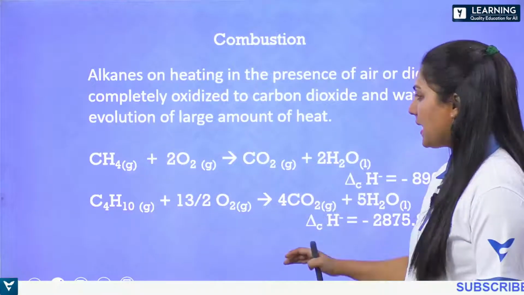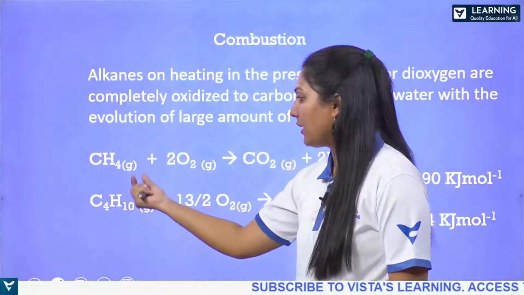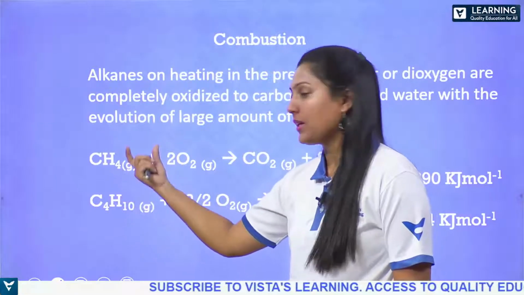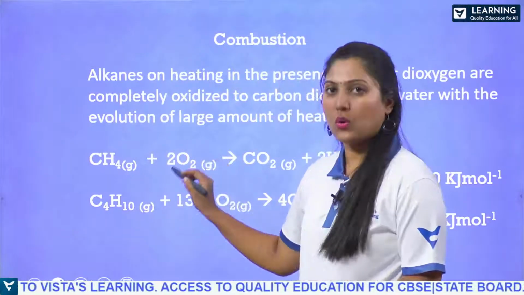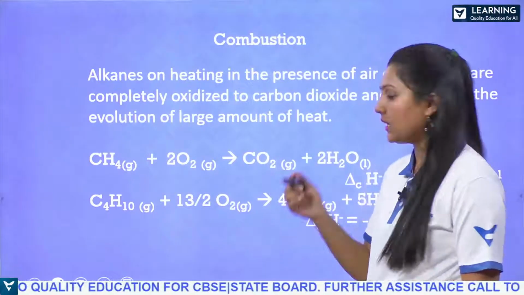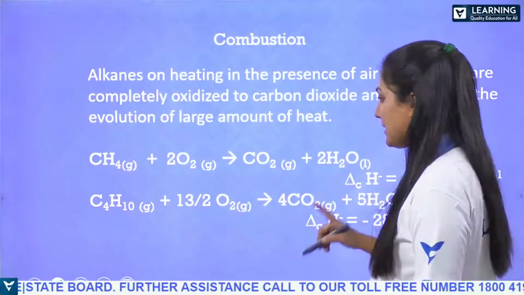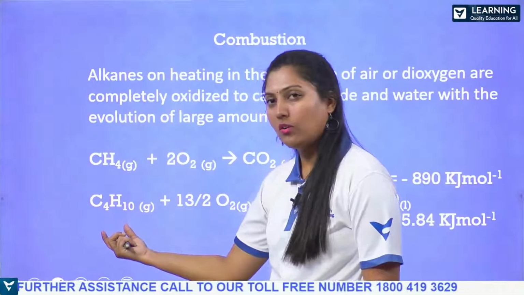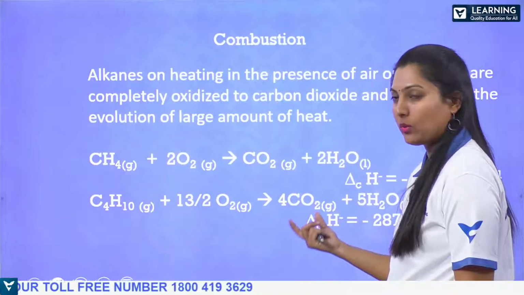When they have been balanced, you can see one carbon atom and 4 hydrogen atoms, that is, one molecule of methane, reacts with 2 molecules of oxygen to give 1 molecule of carbon dioxide and 2 molecules of water. And when I see here, 1 molecule of butane gives 4 molecules of carbon dioxide. Why?